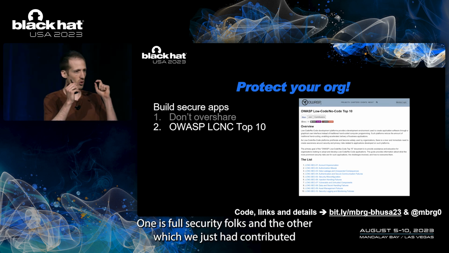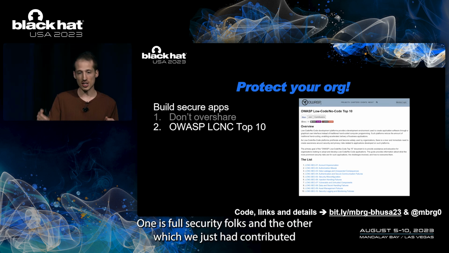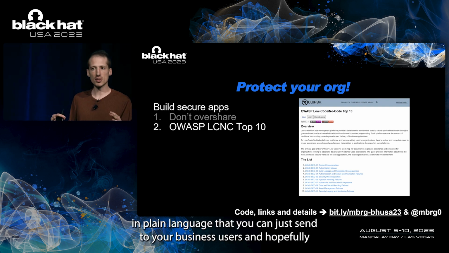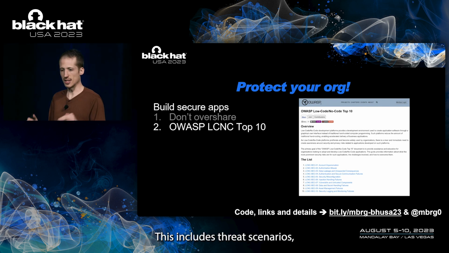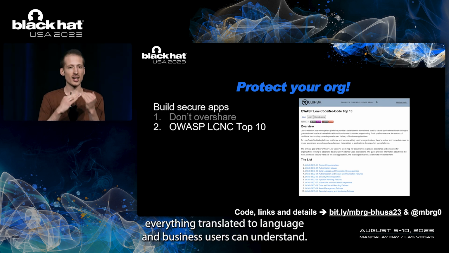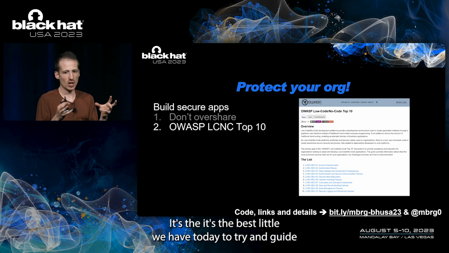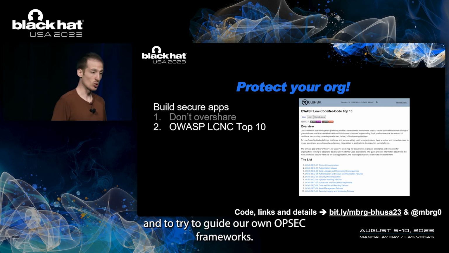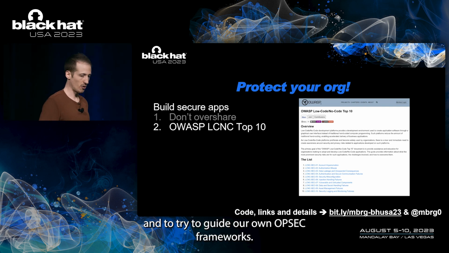One is for security folks, and the other, which we just contributed to the project, is in plain language that you can just send to your business users and hopefully they'll be able to understand. This includes threat scenarios, everything translated to a language that business users can understand. Check it out. It's the best framework we have today to try and guide those business users to make better decisions and to try to guide our own AppSec frameworks.